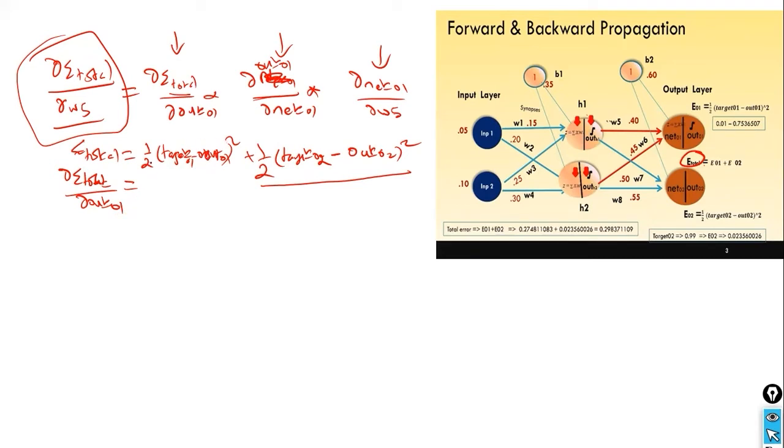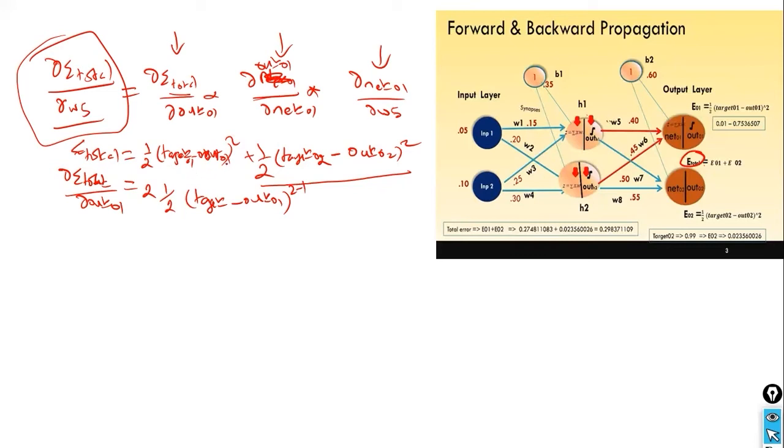In this case, you learned about the chain rule, so the power rule comes into the picture. The 2 will come down, 2 into one half, and your (target minus out o1) to the power 2 minus 1. We have taken the derivative of the outside function.